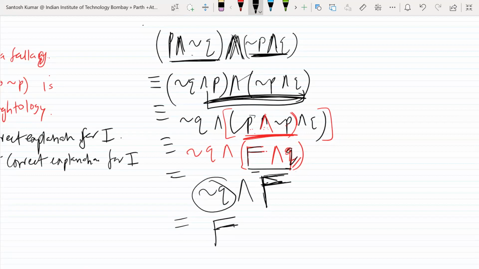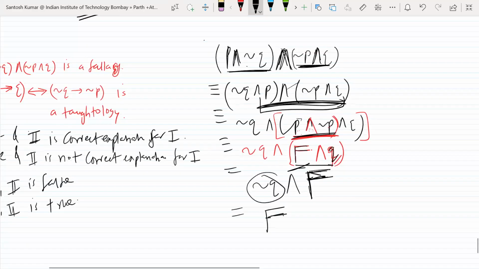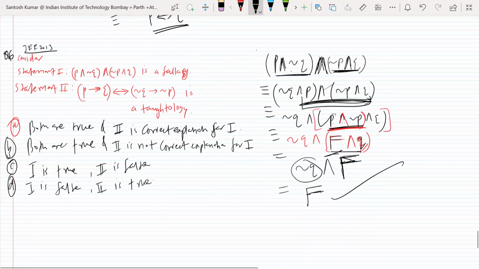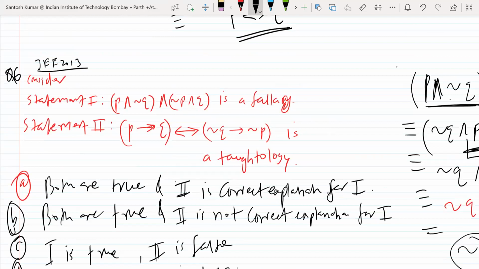Apply distributive, and P and not P is false, so you'll get false always. So the first statement is true, statement one is true.